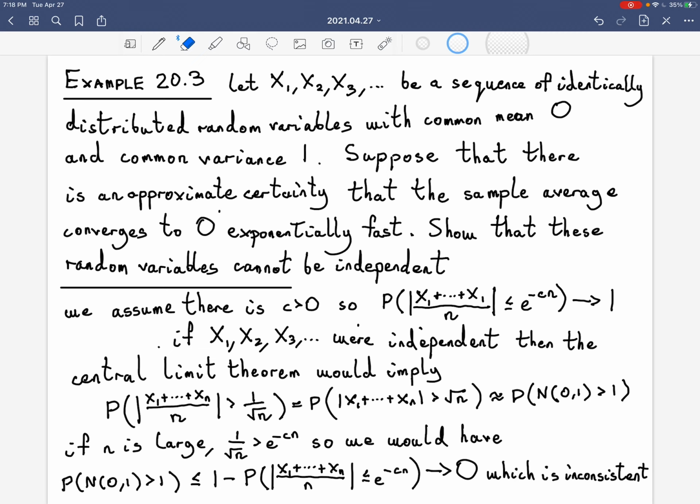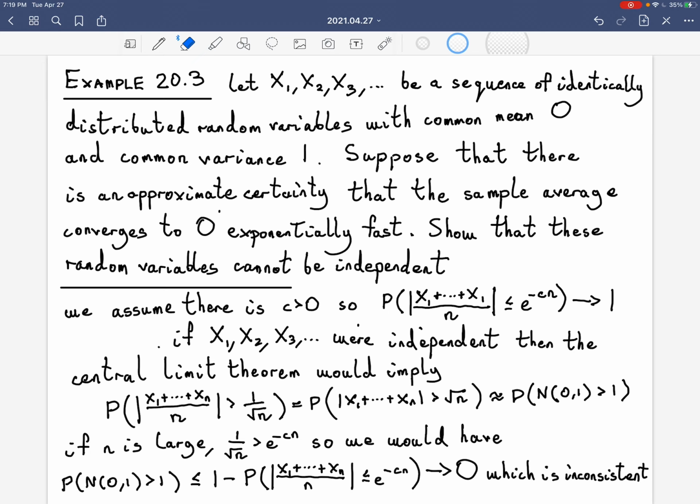If the sample average is looking so close to the mean that it's converging exponentially fast or even just not growing at all, then the way you can think about that is to say that the sample average is coming from some sort of rigged process, and it's not actually a random phenomenon, because the central limit theorem predicts that you really will have errors which are as large as the square root of n.